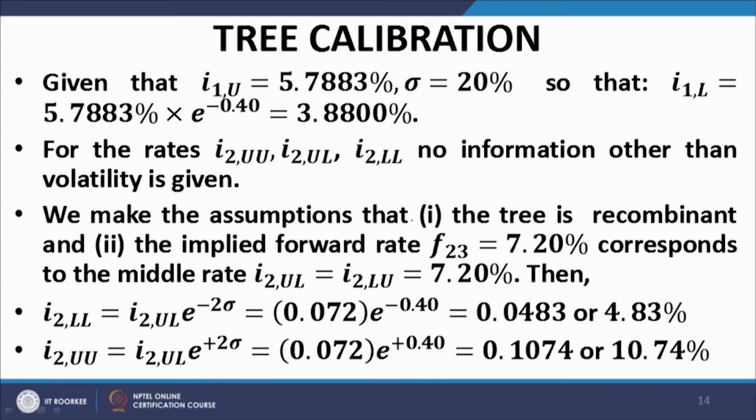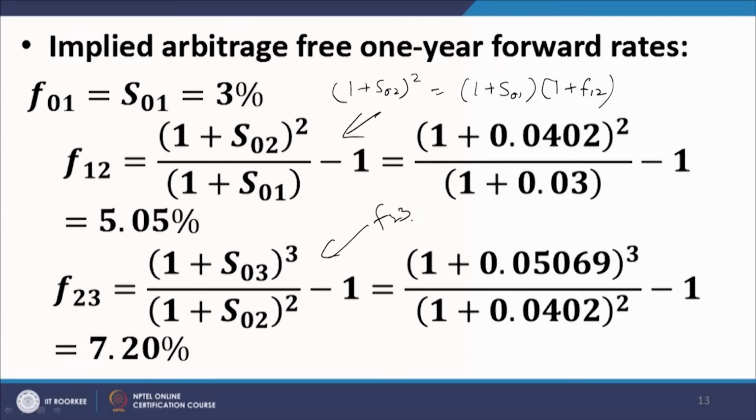Therefore, I2UL will be equal to I2LU, and both will be equal to 7.20%, in line with our assumption that the middle rate corresponds to the rate that we arrive at through arbitrage-free valuation, which we worked out earlier as 7.20%.